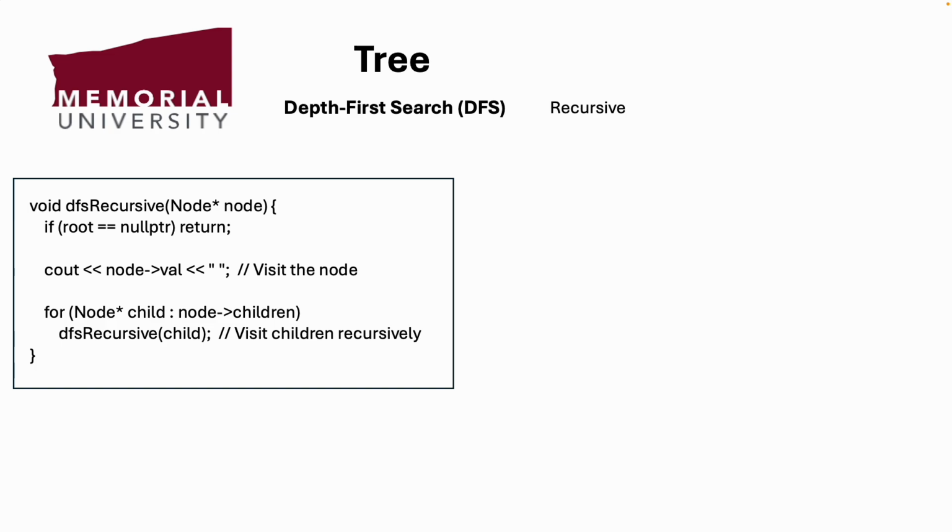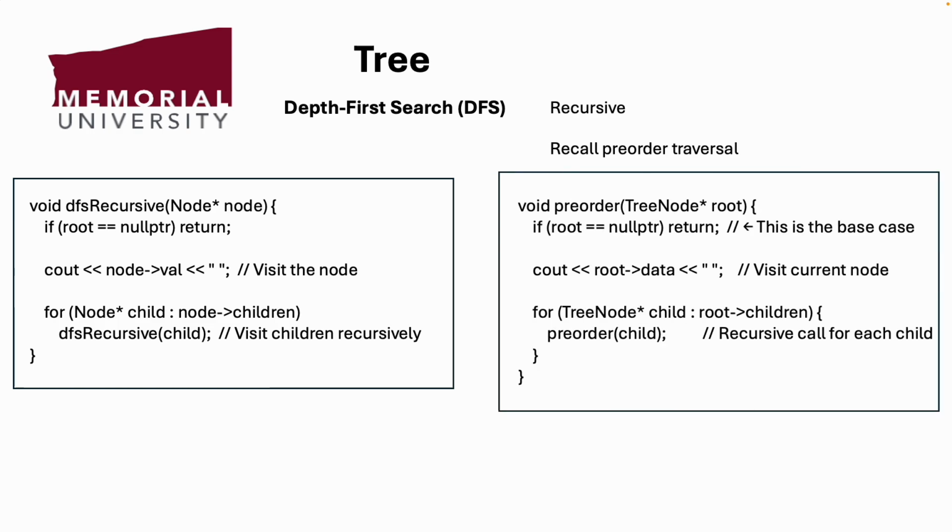As we can see, the implementation is the same as the pre-order traversal, which we learned before. Let's recall the pre-order traversal. As we can see, the logic is exactly the same.